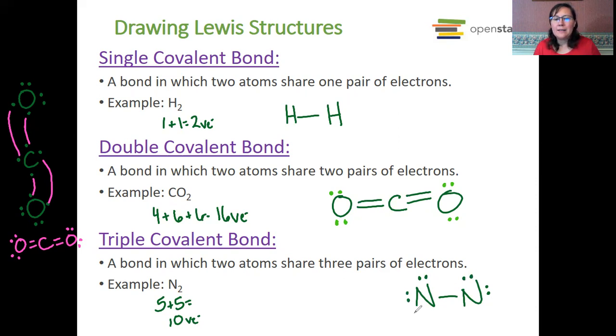Now I can see that each one is not quite satisfied. So I could move in this top pair like that. Now the one on the right has 8 electrons, but the one on the left only has 6. So now I need to move in another pair, and nitrogen gas will look like this with a triple bond.